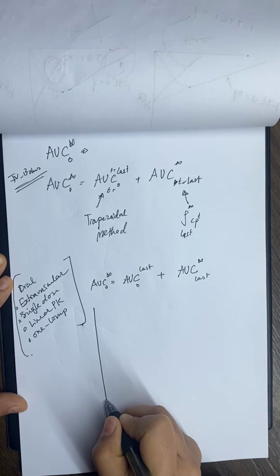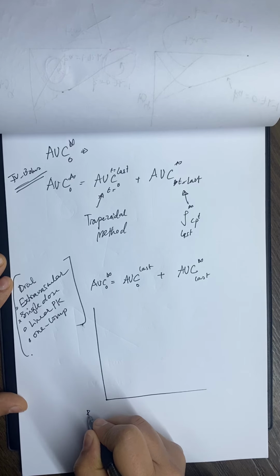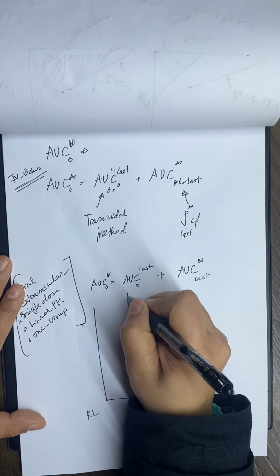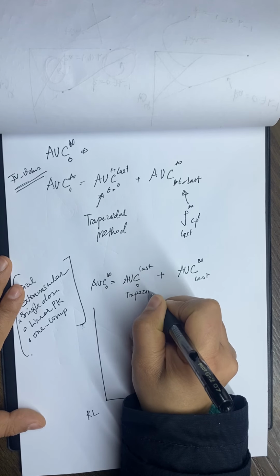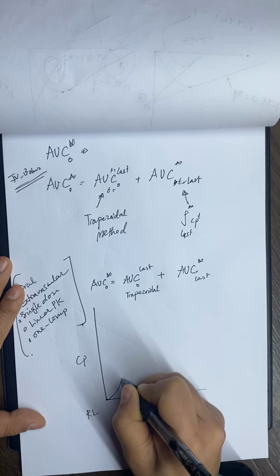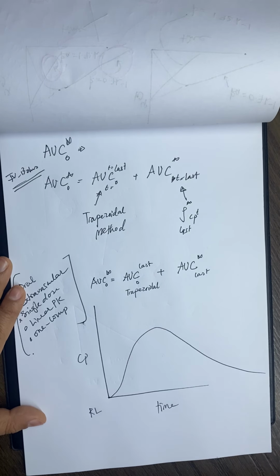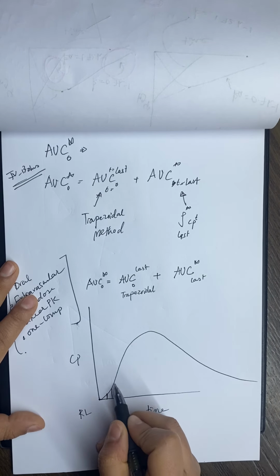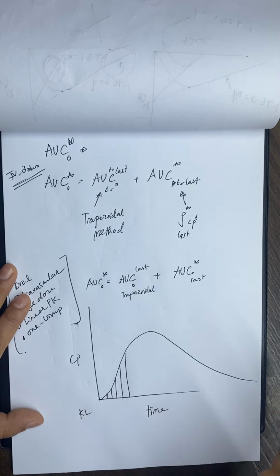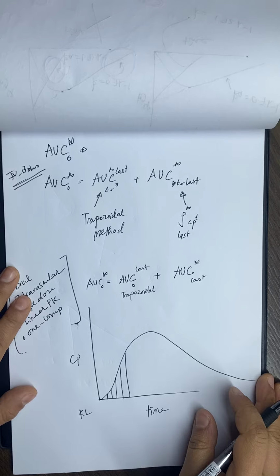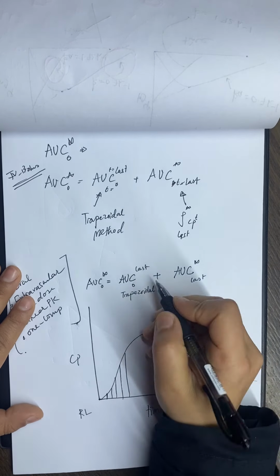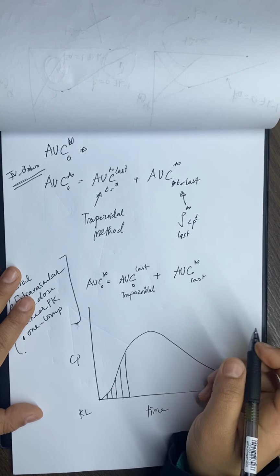If we are talking about linear determination, you need to use the direct linear trapezoids. This is for the trapezoidal method. CB versus time: you will have this diagram, and you need to have the profile divided into as many trapezoids as you can, to make it more accurate, as we said before.